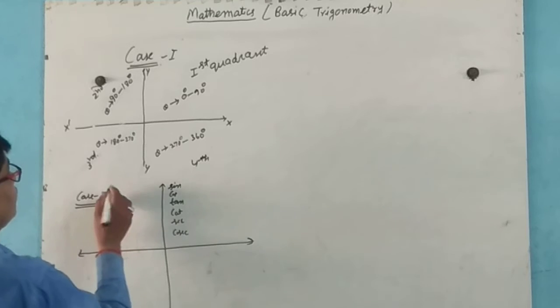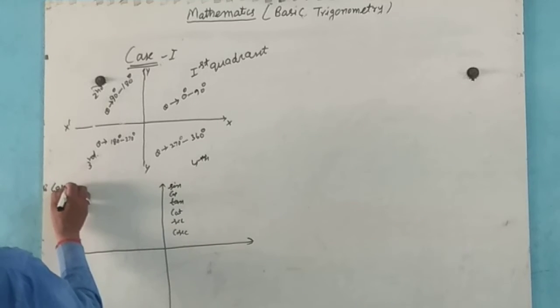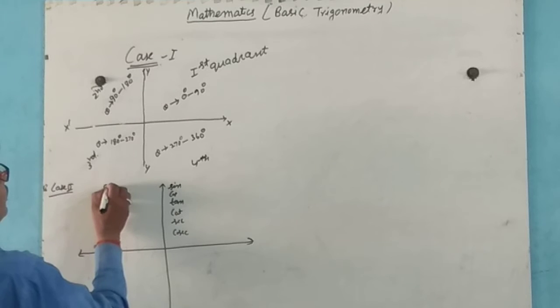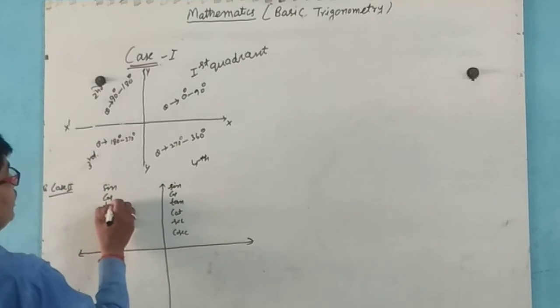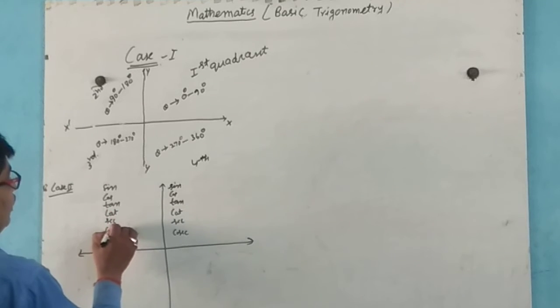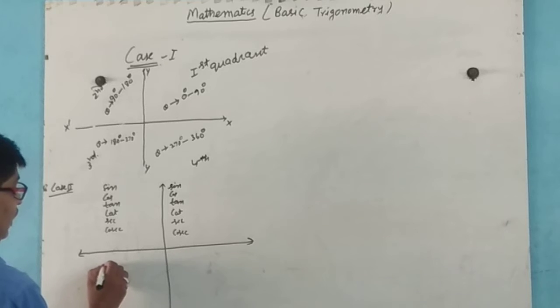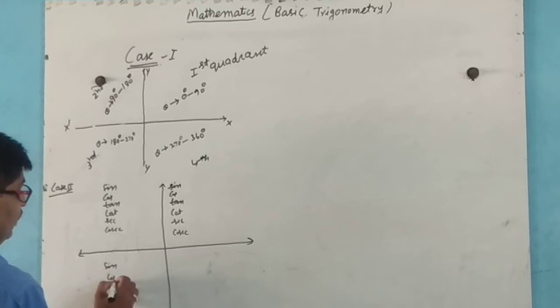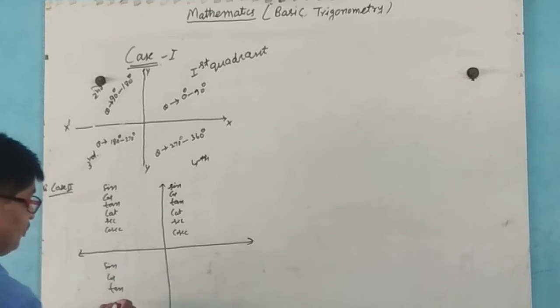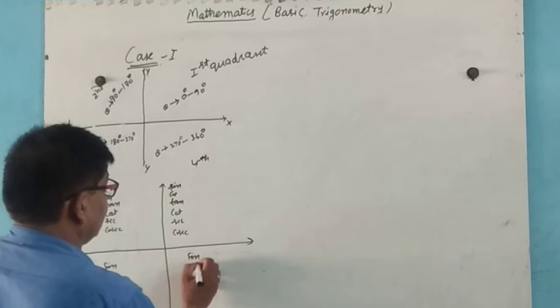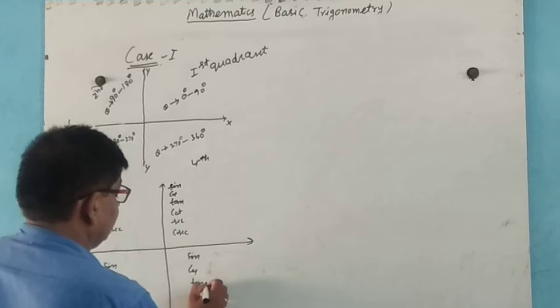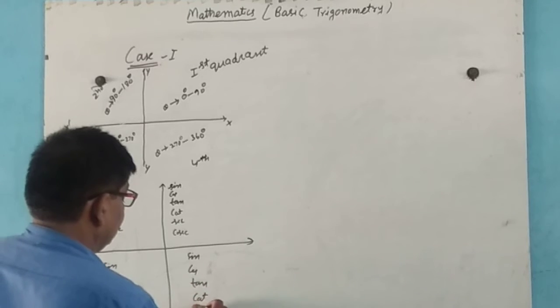This quadrant: sine, cos, tan, cot, sec, cosec. Here sine, cos, tan, cot, sec, cosec. Here sine, cos, tan, cot, sec, cosec.